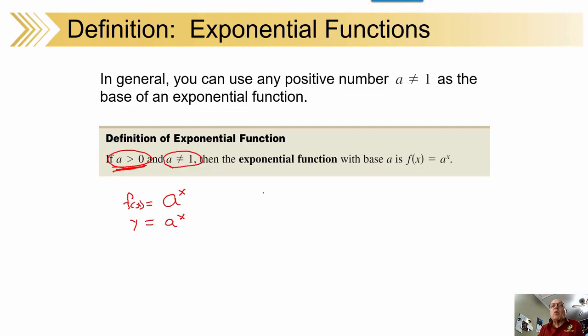The a is just a constant. It's not a variable, even though it might look like it. So maybe 7 to the x power, or maybe 13 to the 2x plus 5. Those are 2 good examples of exponential functions.